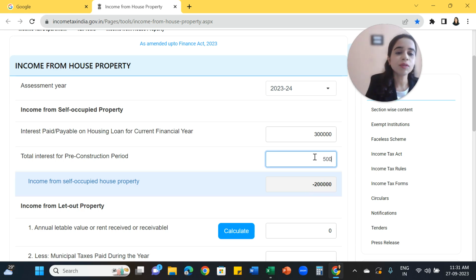Let's say I have a pre-construction interest of 60,000, but there is no change because the maximum limit remains 2 lakh only.